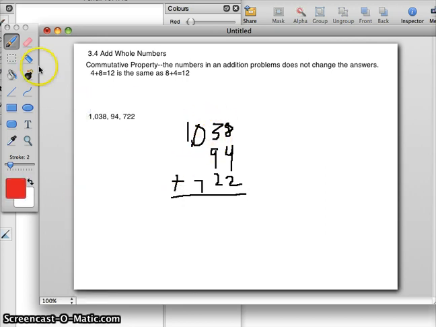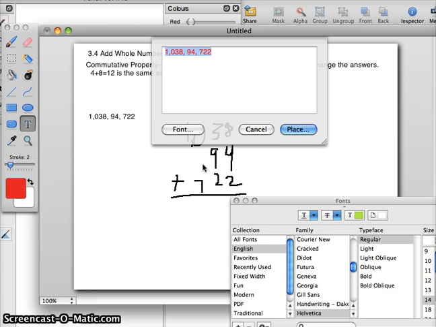But before we add them, we need to know another vocab word, and we're going to put it right down here so you know it. That is the associative property.